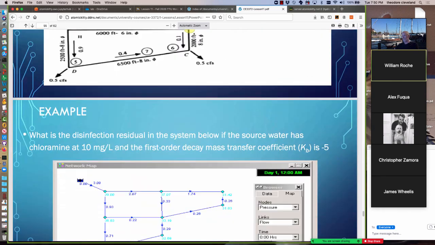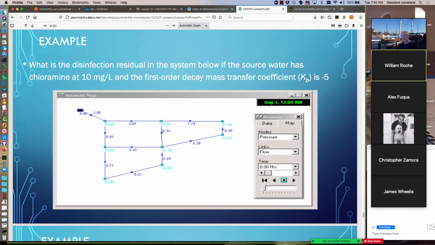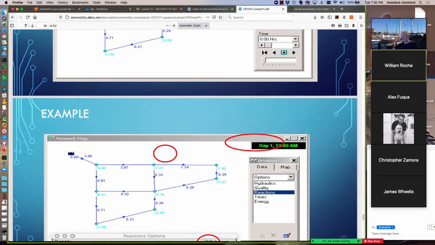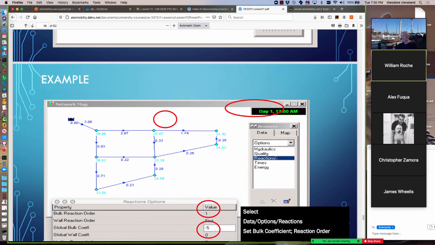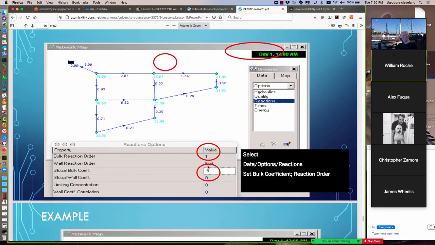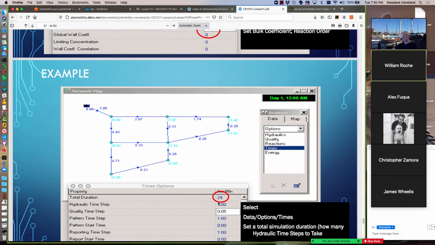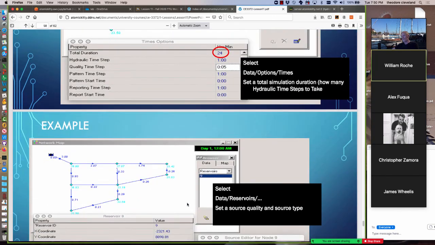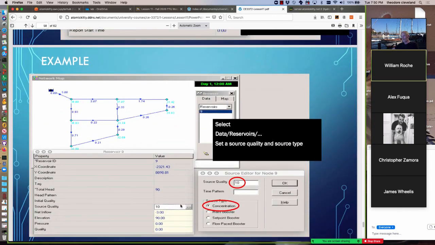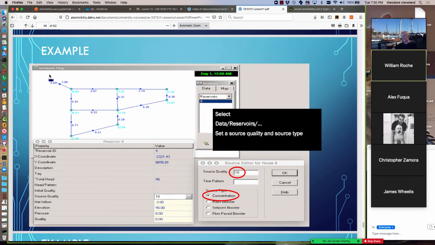And if we run that simulation, it starts out looking like this. And we would turn on the reaction terms, parameterize it, simulate it again. In this case, we're running 24 hours. And establish a source water quality in this tank.